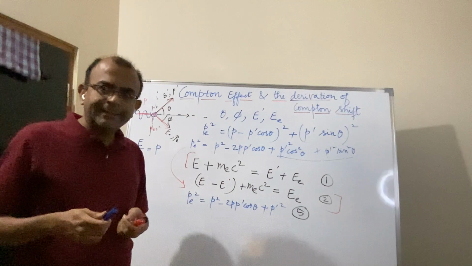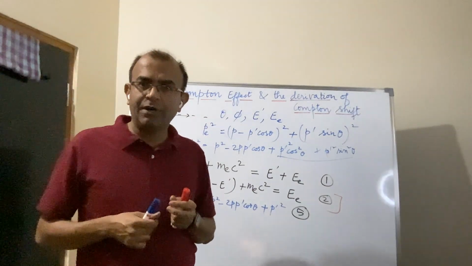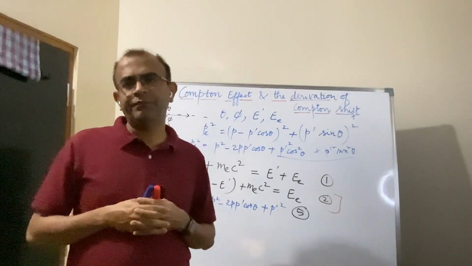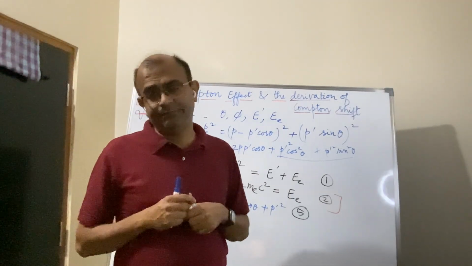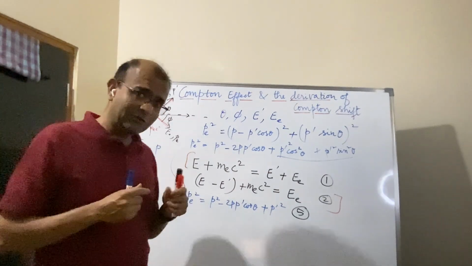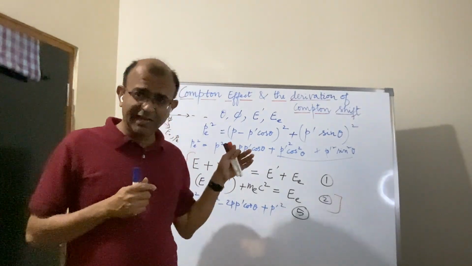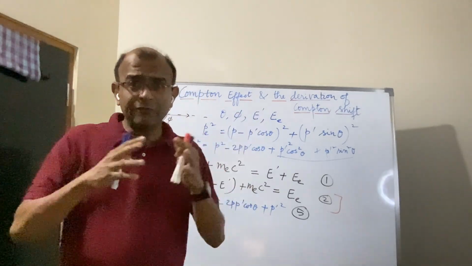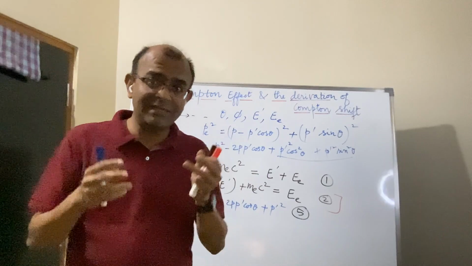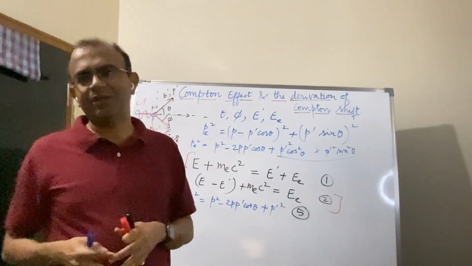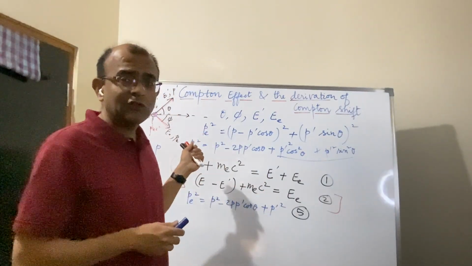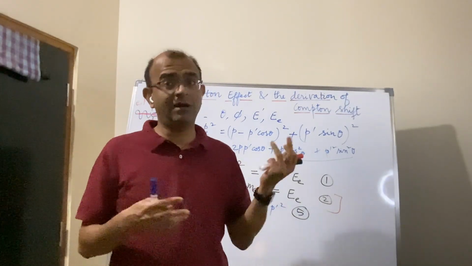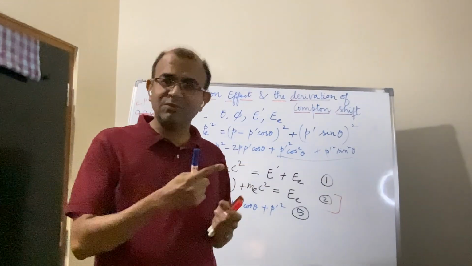Now I can write the relativistic expression for the energy of the electron, because the electron here gets scattered by a photon which is highly energetic. To account for all the possible limits, the high energy limit as well as the low energy limit, we cannot assume that the electron moves slowly. Relativity will cover both the high speed and the low speed limits.